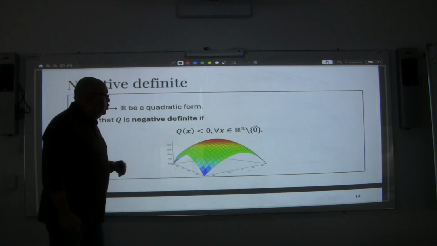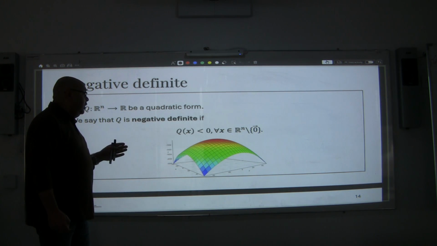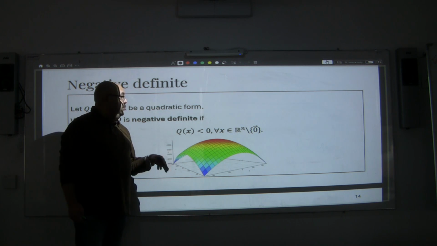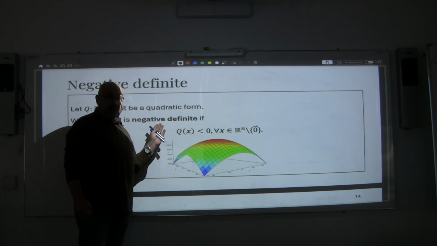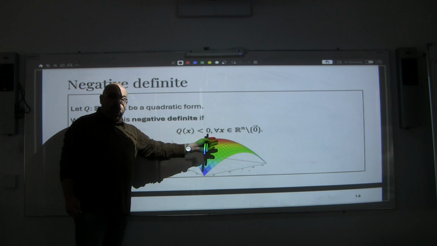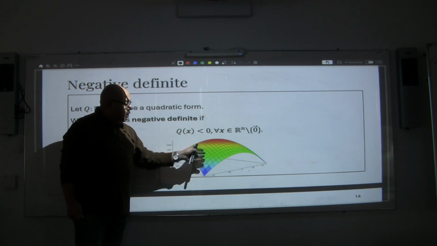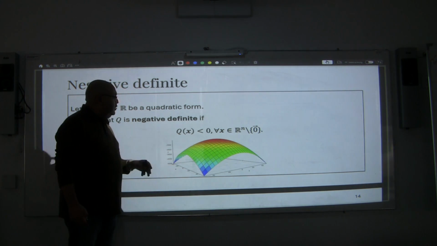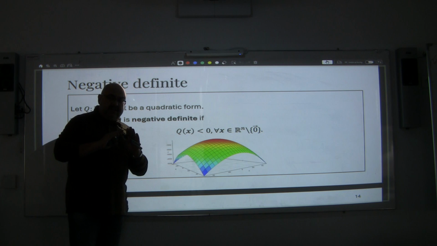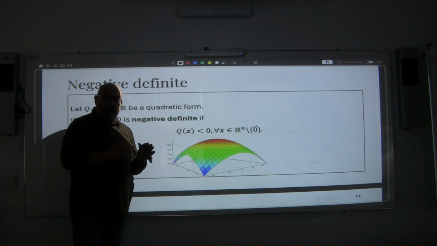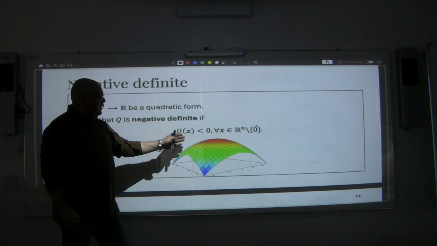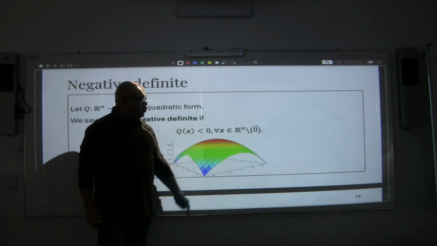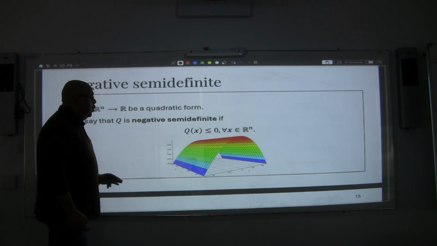Now I'm moving to the negative side, or the negative definite, which develops, of course, a maximization point compared to the neighborhood. It's the inverse of the first relation that we saw: q of x is less than 0 for every x that belongs to Rn except the 0, of course.